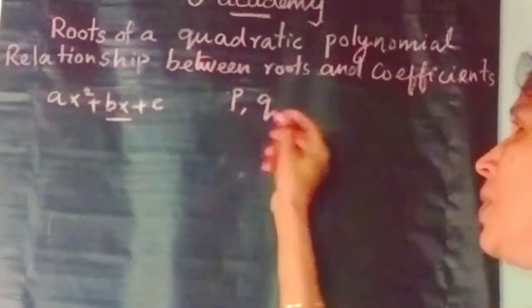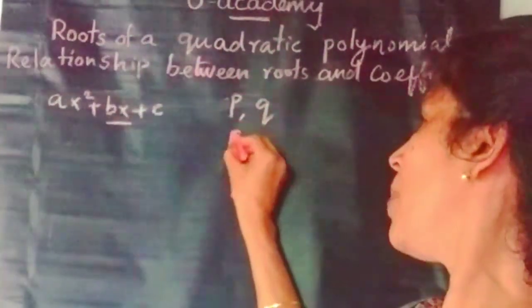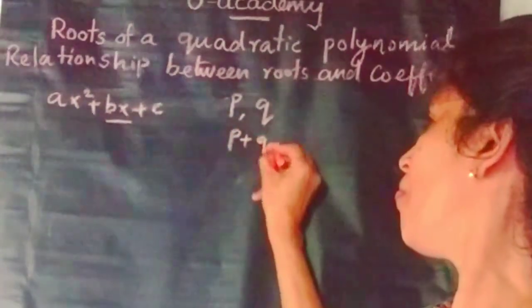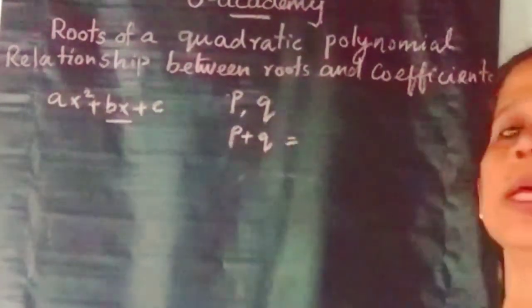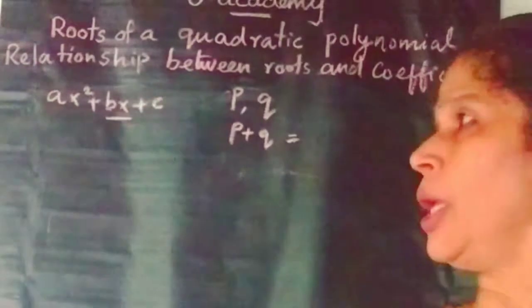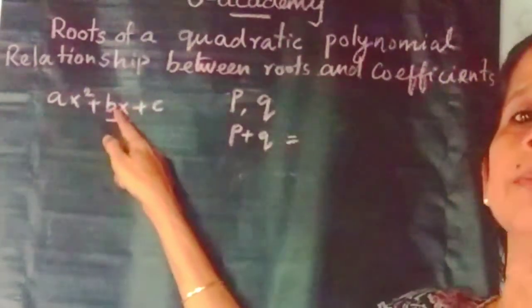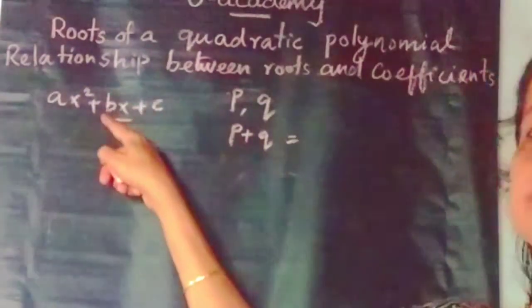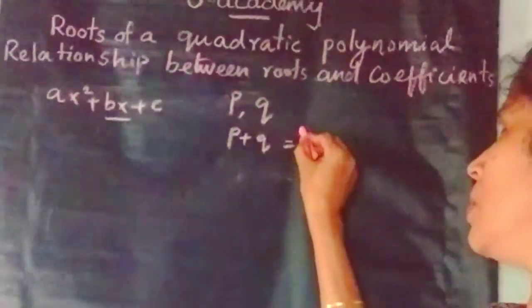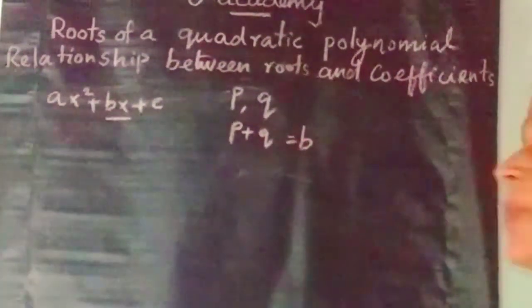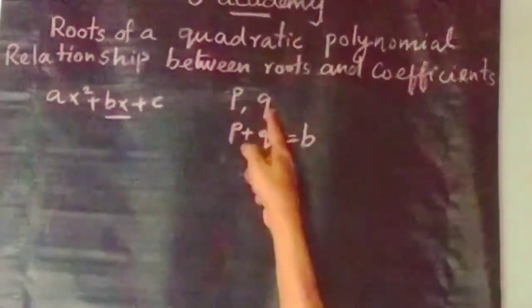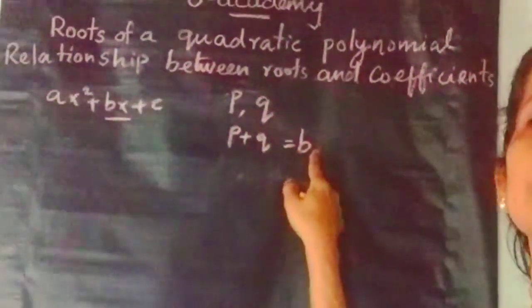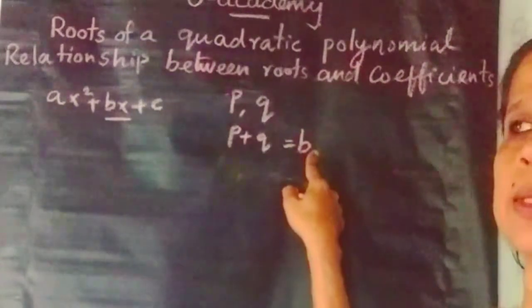Then the sum of these two factors, that is p plus q, will be equal to the middle term, that is the coefficient of x, which is b.